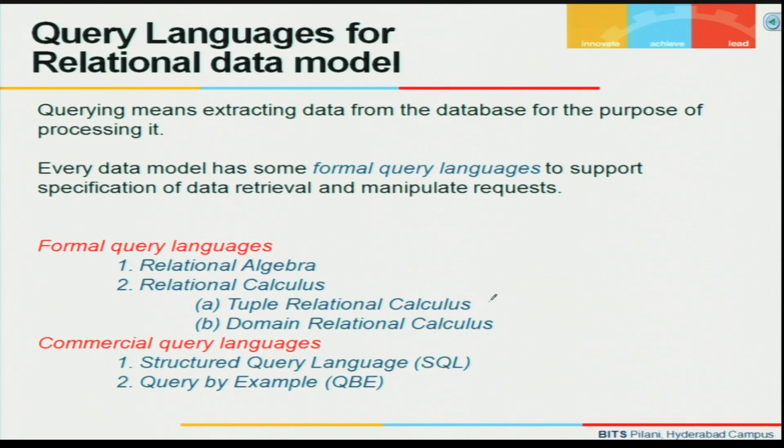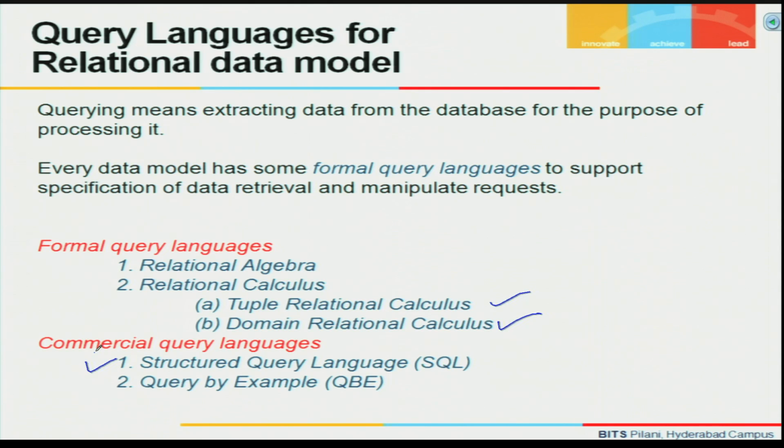For relational calculus, we have two kinds supported, that is tuple relational calculus and domain relational calculus. These formal query languages, relational algebra and calculus, have a strong mathematical background, and only experts can specify their queries using them. To make it easy for end users or naive users, database management system vendors support commercial query languages, and the most popular commercial query language for the relational data model is Structured Query Language, simply called SQL.